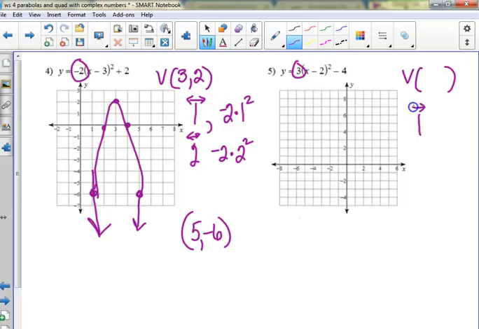And this time when you go 1 either way, it should go 3 times 1 squared up and down. Anybody find the y-intercept?